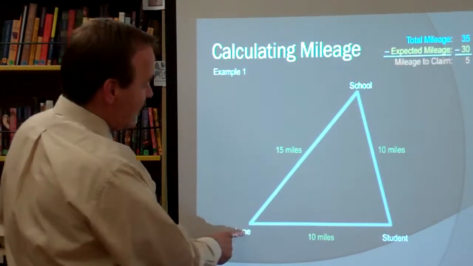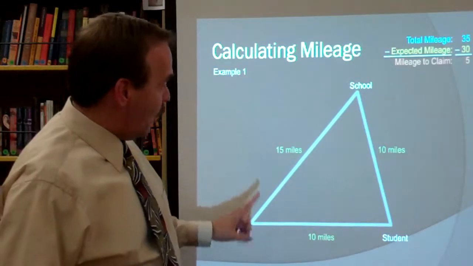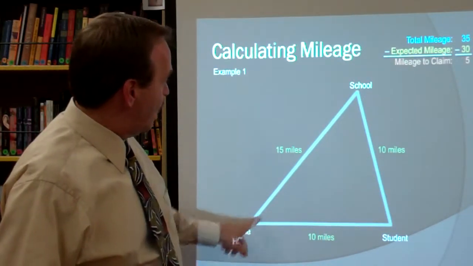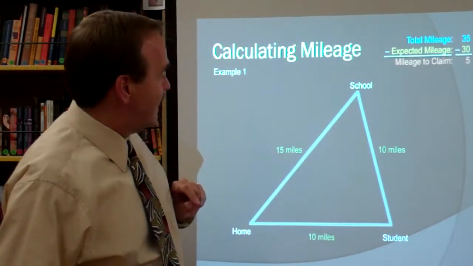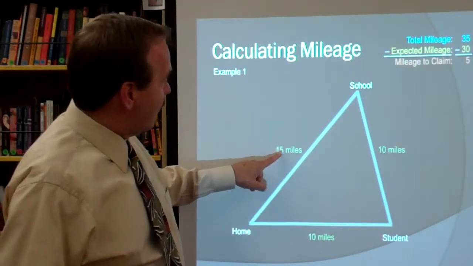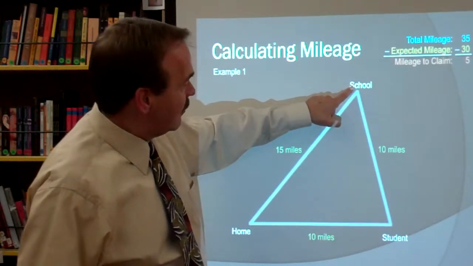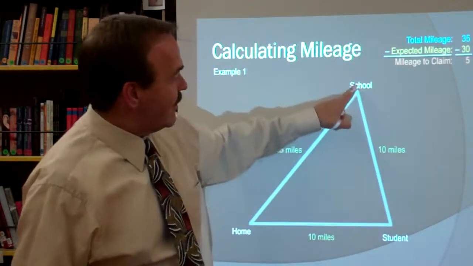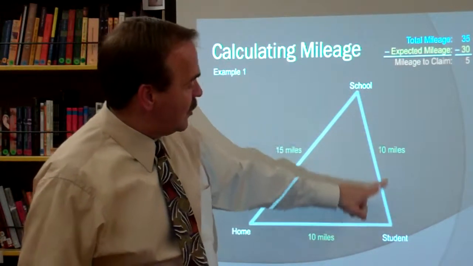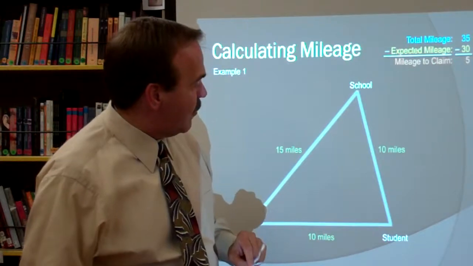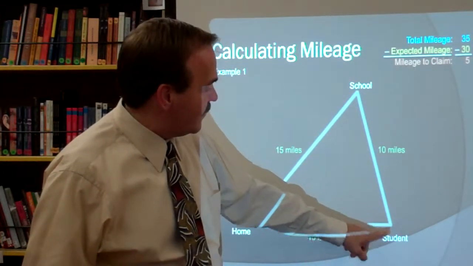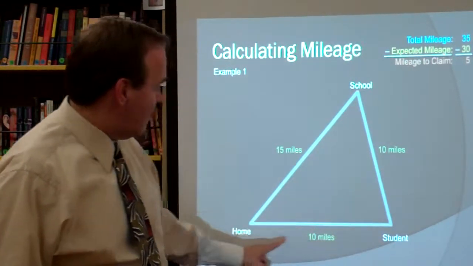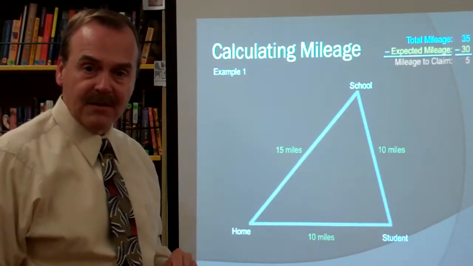In this example here, you have one home student and you're going from home to school, and that's 15 miles. Now, from school to the student, let's say at 3 o'clock you leave here and you go to the student to arrive there at 3:30, it's 10 miles. Now from the student, for you to go back home, it's another 10 miles.